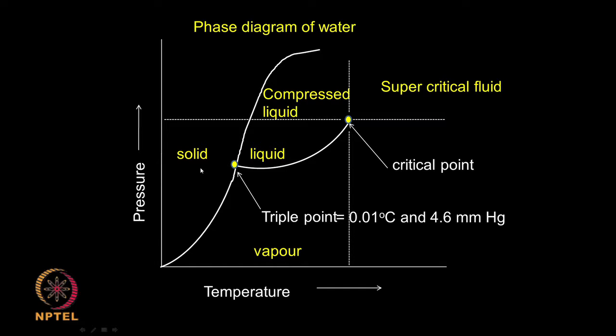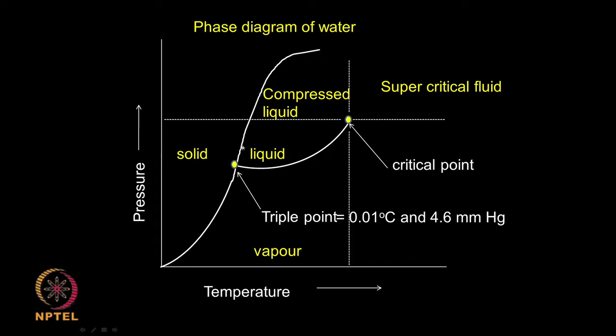Solid at lower temperature, vapor at higher temperature and lower pressure, liquid at higher pressure and higher temperature. Okay. At one point here, this is called the critical point, we have this supercritical fluid here, then we have the compressed liquid. There is another point which is called the triple point where the solid, liquid and the vapor are in equilibrium.